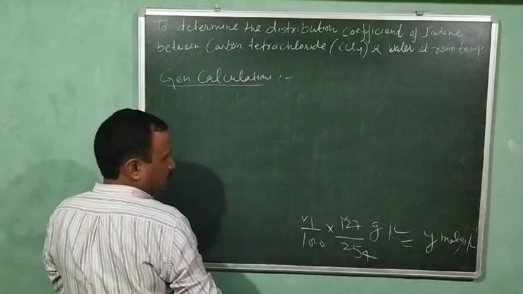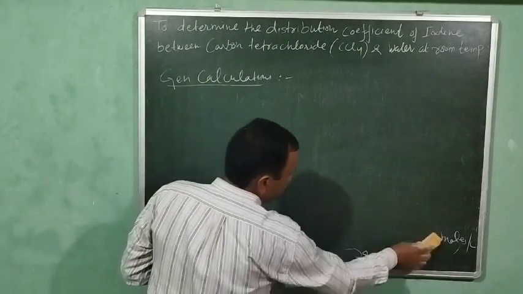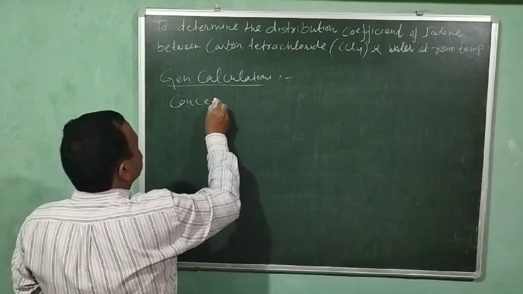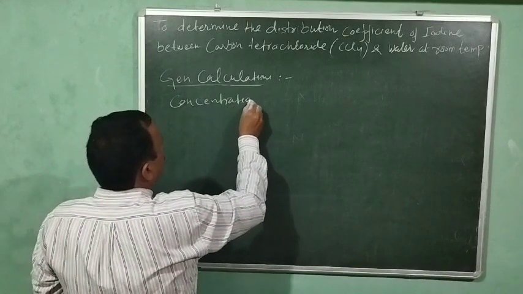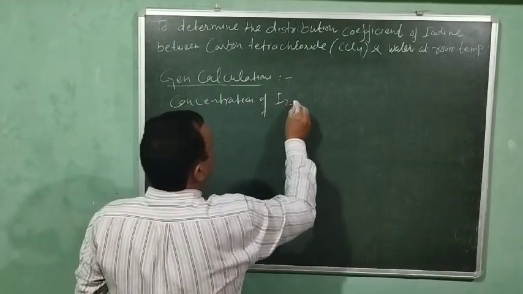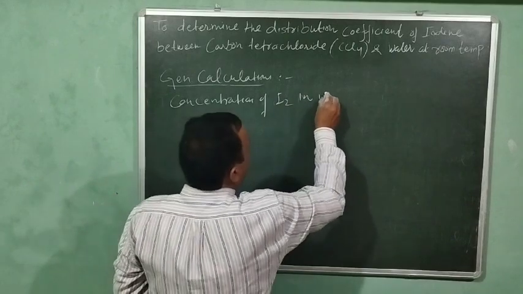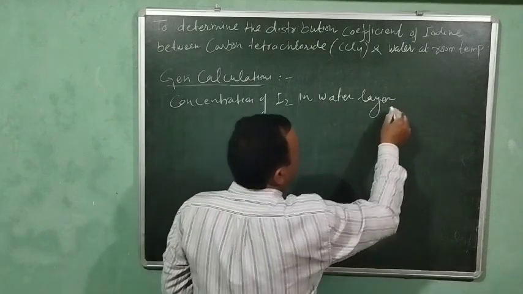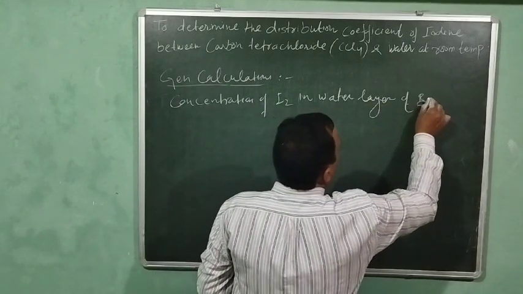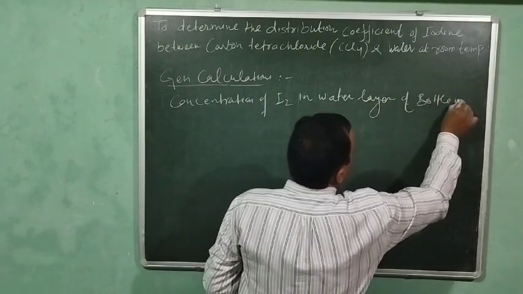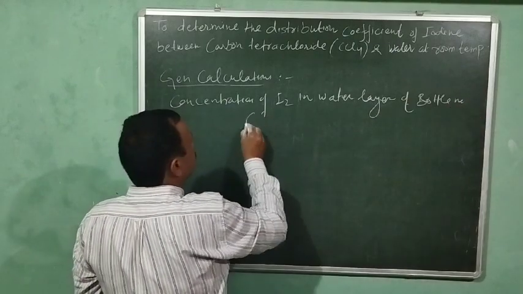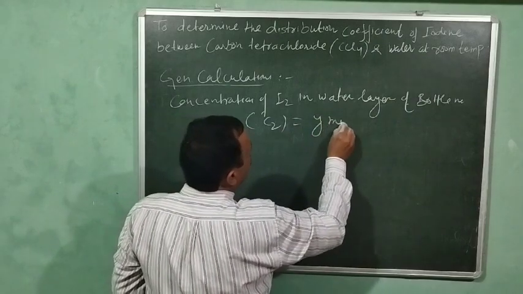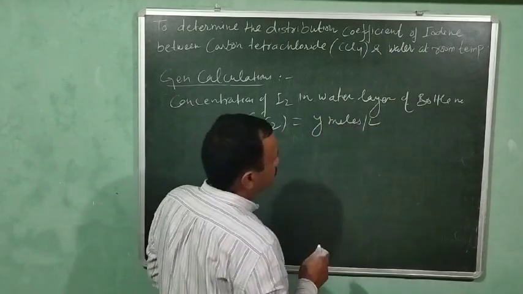So the concentration of iodine in the water layer of bottle number 1 will be your C2, and it is equal to Y moles per liter.